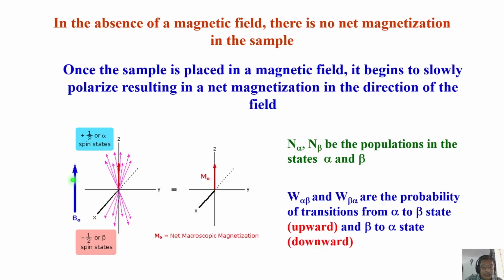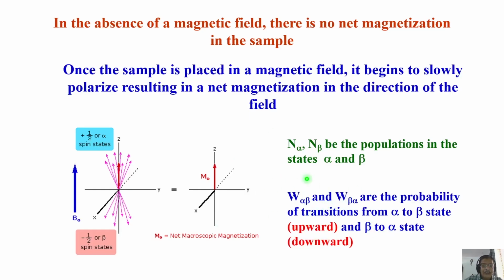Now, before putting the sample into the magnetic field, there was no preferred alignment, there is no polarization. When the polarization has to occur, the spins have to redistribute themselves between the two energy states.